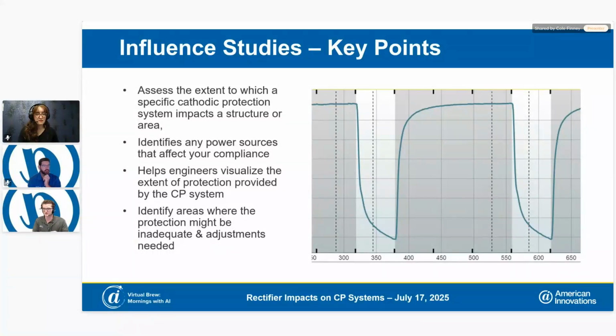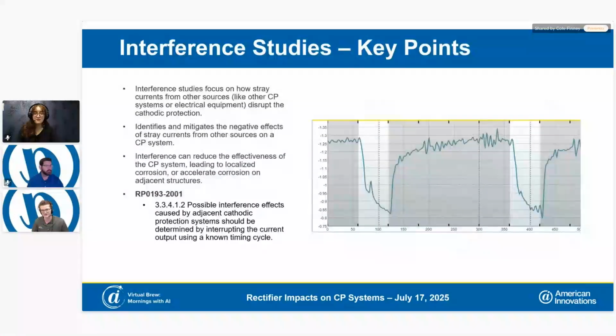So this is a very good look at how your assets and your power sources are interfering with or influencing your CP. And this is also really beneficial to help identify where you might need to make adjustments if your CP isn't adequate in a certain area because of your own assets.